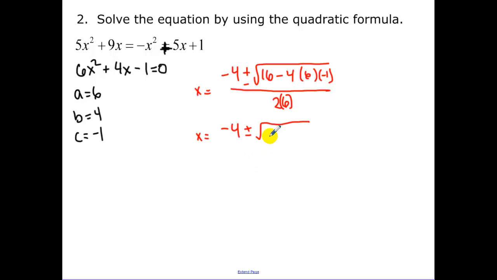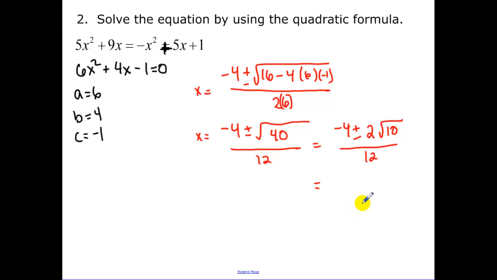So simplifying underneath the radical, we get 40 over 12. Now again, I want it in simplest radical form. So I can pull out a 4, which I'm not pulling out a 4, I'm pulling out the square root of 4, which changes to 2.